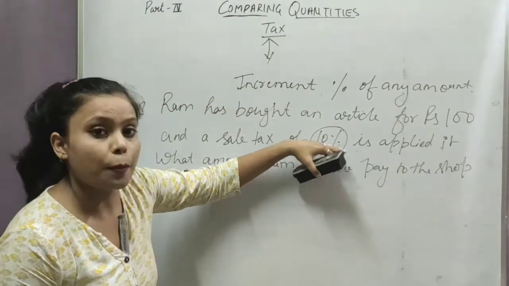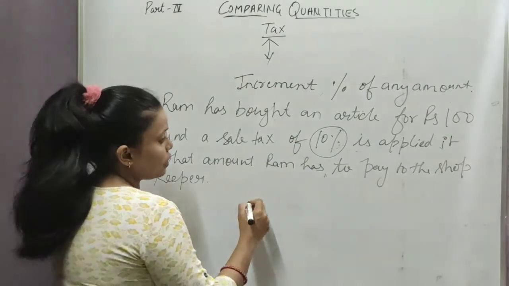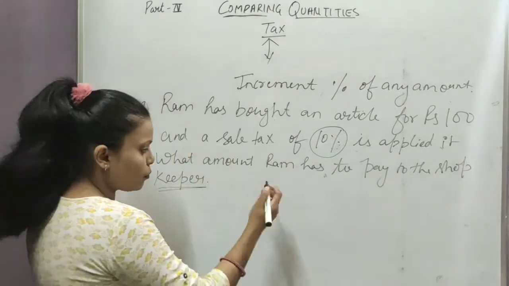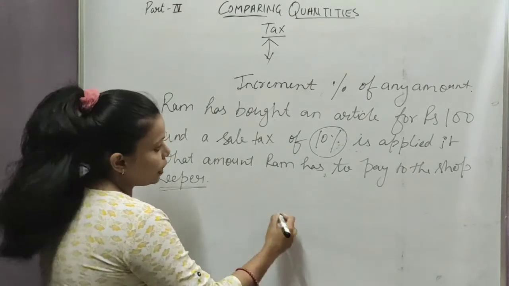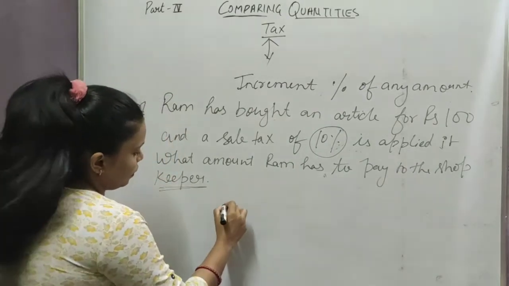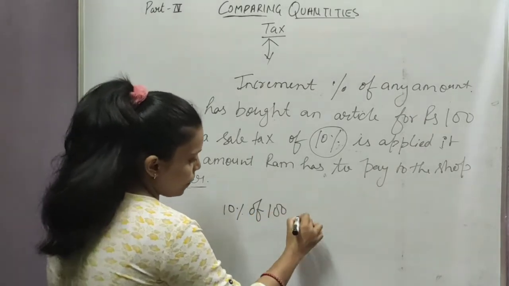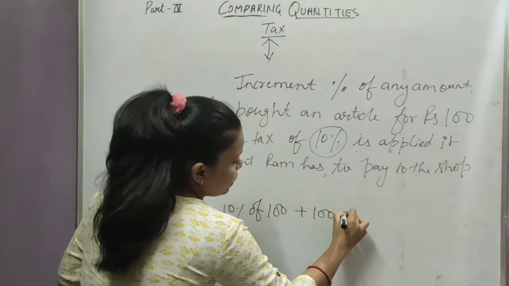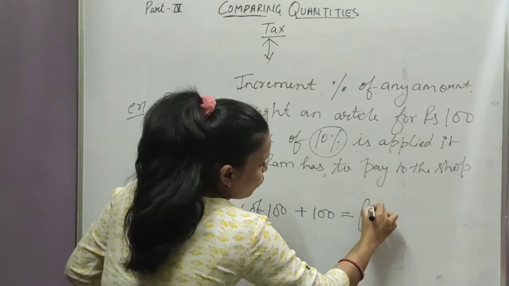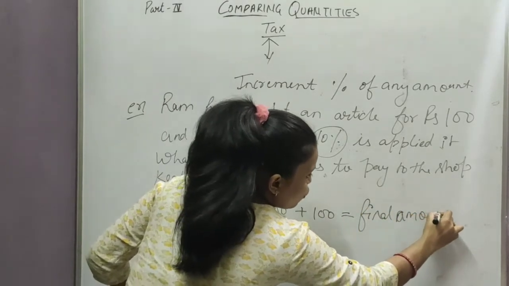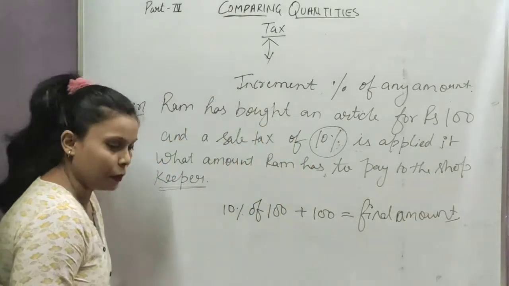Sale tax is applied on it, that means there is an increase in the final amount, right? So we can calculate it by 10% of 100 plus 100 is equal to the final amount which Ram has to pay to the shopkeeper, right?